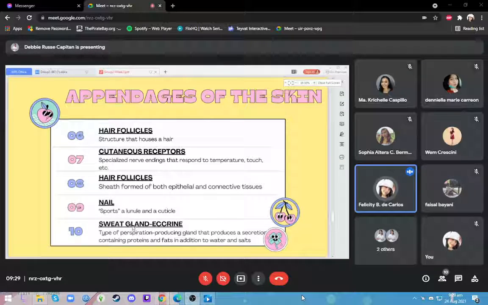Our answer is hair follicles. Number nine, root, lunule, and cuticle. This is a nail. Number 10, type of perspiration producing gland that produces a secretion containing proteins and fats in addition to water and salt. This is a sweat gland apocrine.